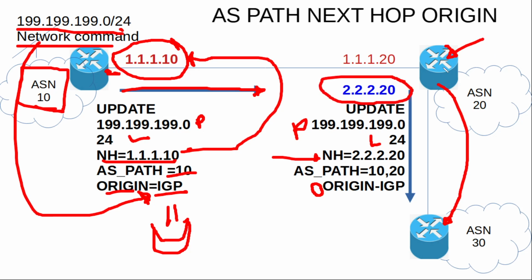So this device says this prefix is available through me, so the next hop changes for this update, and the AS path changes because now this particular prefix has been advertised through these two autonomous system numbers, 10 and 20. So this AS path is going to grow as this prefix gets advertised through more autonomous system numbers.